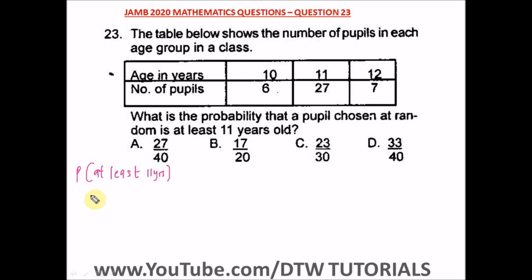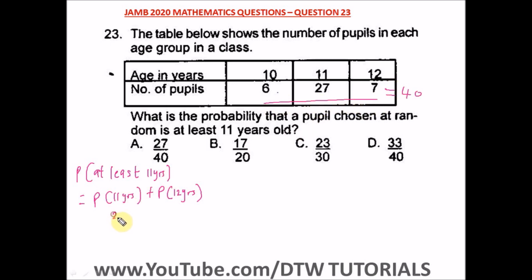To find this, we are looking at the probability of 11 years plus the probability of 12 years. This will give us the probability of a student, if chosen at random, being at least 11 years. The probability of 11 years, we have 27 of the total. The total is 40, the total of this plus this plus this.